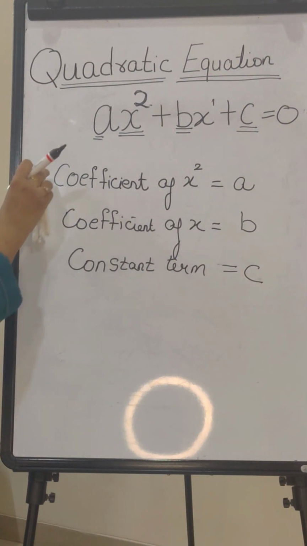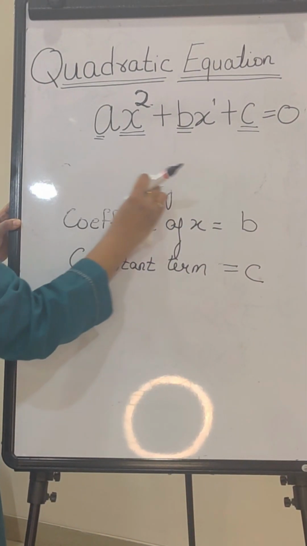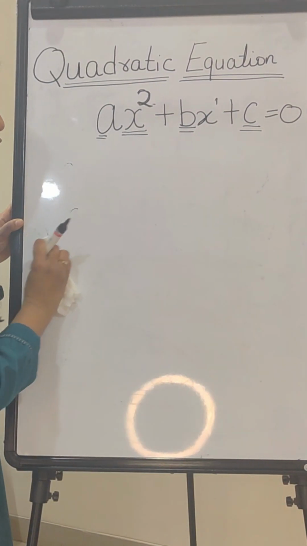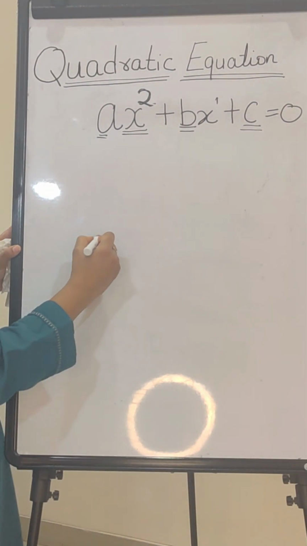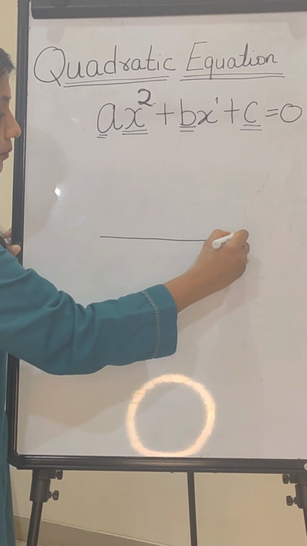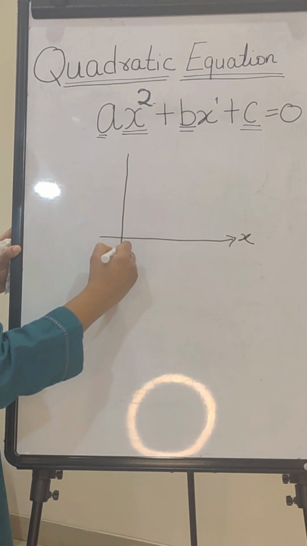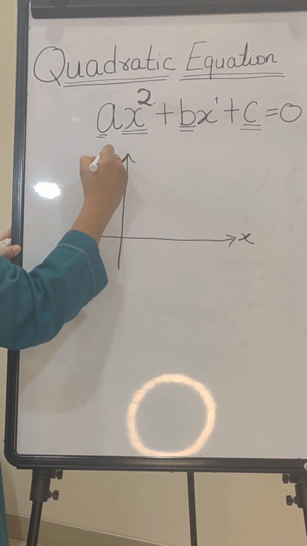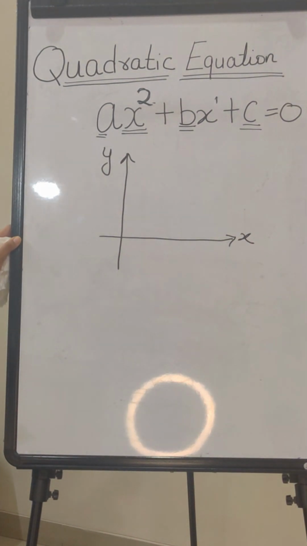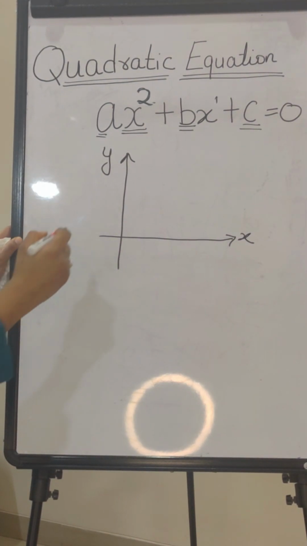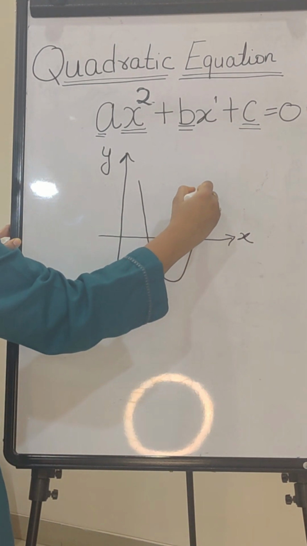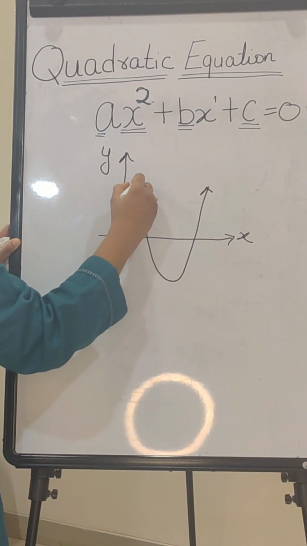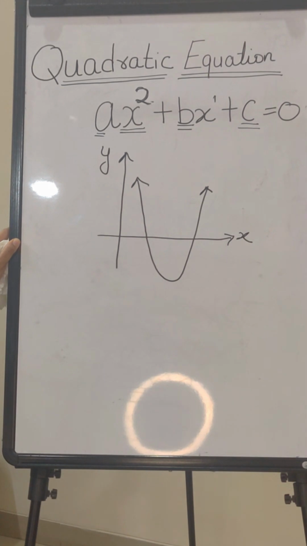Right? Now, whenever you graph a quadratic equation, you will always get a parabola. So let's say that this is the x-axis and this is the y-axis. When you graph a given quadratic equation, you will get a parabola. Now this parabola can be in any quadrant, right?